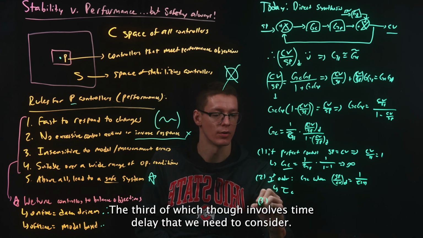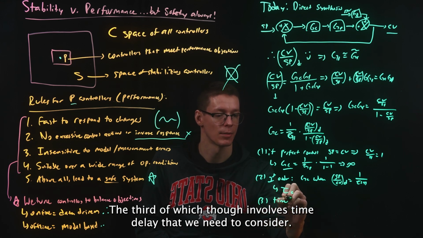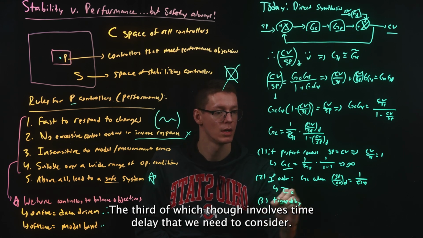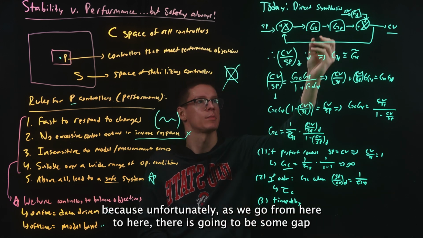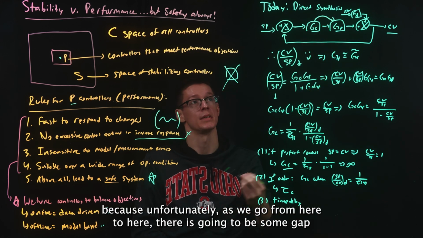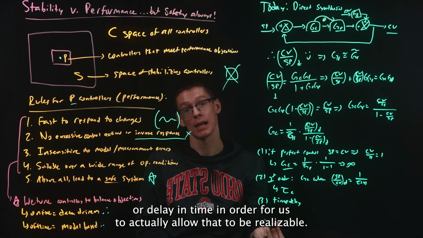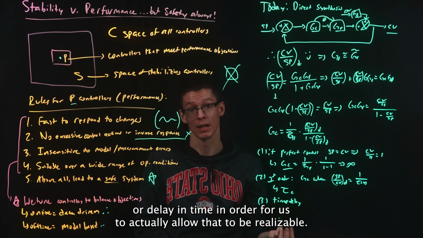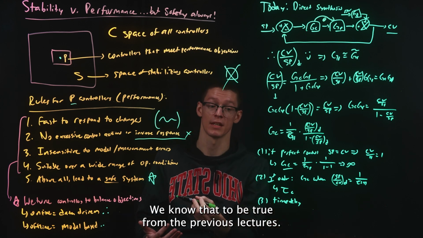The third of which, though, involves time delay that we need to consider. That's because, unfortunately, as we go from here to here, there is going to be some gap or delay in time in order for us to actually allow that to be realizable. We know that to be true from the previous lectures.